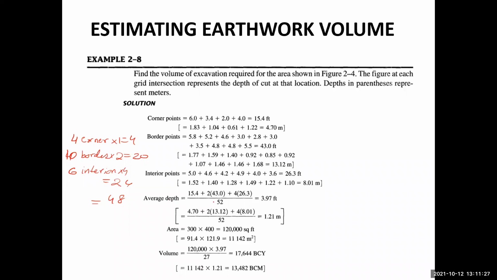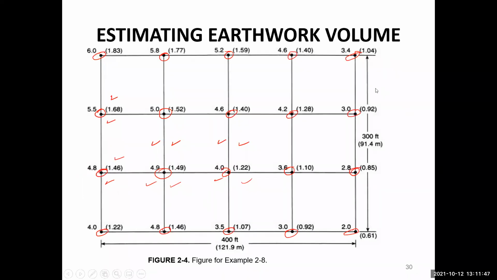Here we were dividing by 52. Why? Let me see if I'm making any mistake. How many border points? 3 plus 3, 6. 6 plus 4 is 10, right? And 4 corner points, and then interior points are 6.